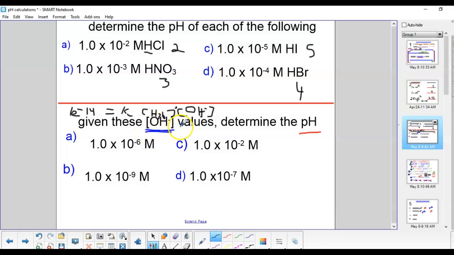So if this hydroxide value is to the minus 6, that means the hydronium value is going to be to the minus 8. And that's going to give us a pH of 8. If my hydroxide concentration is to the minus 9, that's going to give me 1 times 10 to the minus 5 for hydronium, and that's going to give us 5. Here we can see this is going to be working out to 12, and this will work out to 7.